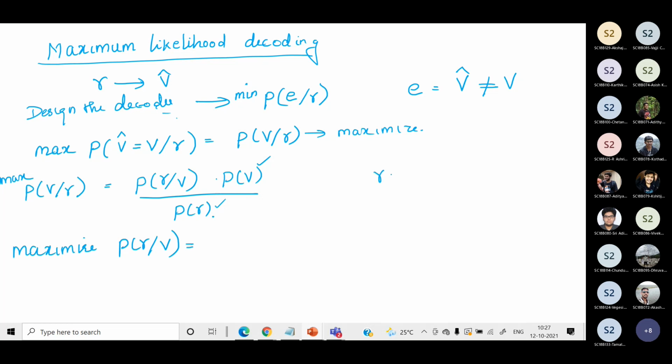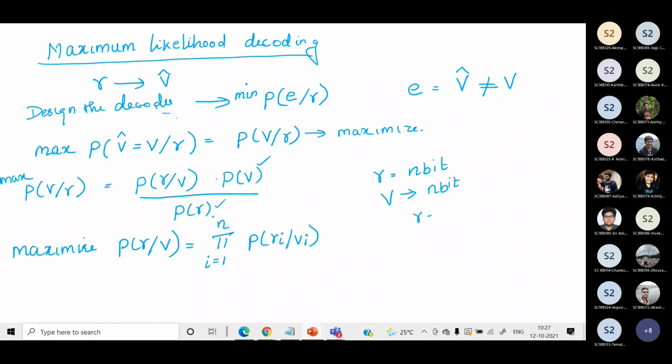R is the received vector, which consists of N bits. V is the transmitted code word, which consists of N bits. Okay, so the occurrence of each bit is independent of the others. So this P of R given V is what? The joint probability. Since the occurrence of each bit is independent, I can write it as the product of individual probabilities, P of Ri given Vi.